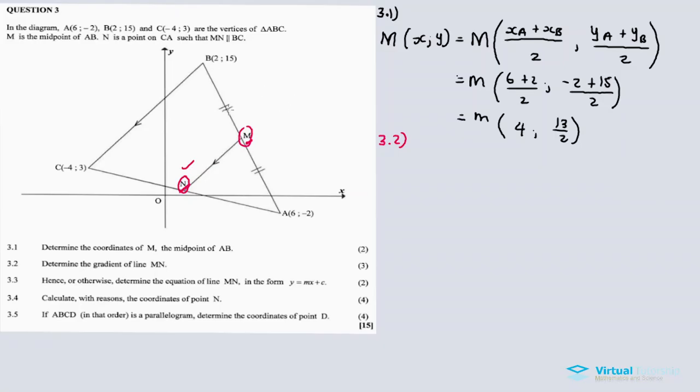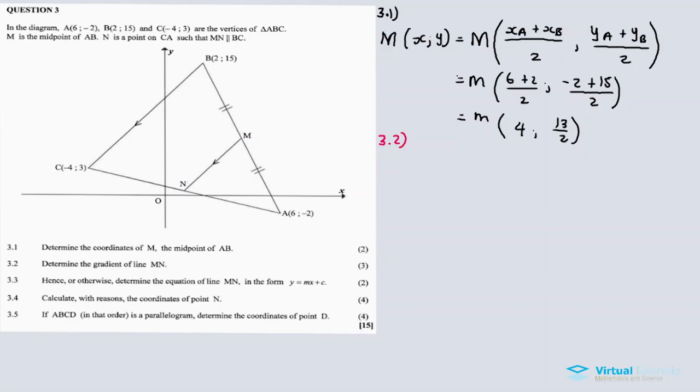Now since MN is parallel to BC, which was given, and parallel lines have equal gradients, I can use B and C to find the gradient of MN.